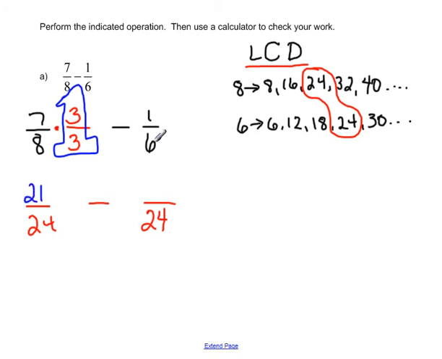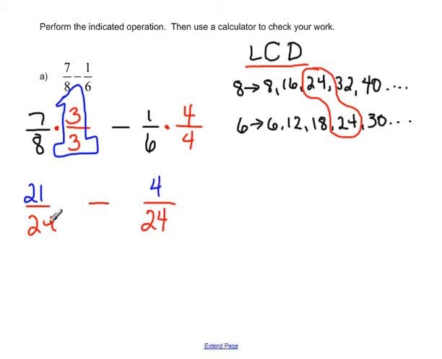Going to do the same thing over for my 1/6. I need to get it to have a 24 denominator. So 6 times what is 24? Well, 6 times 4 is 24. And if I do that to the denominator, I need to do it to the numerator as well. 1 times 4 is 4.